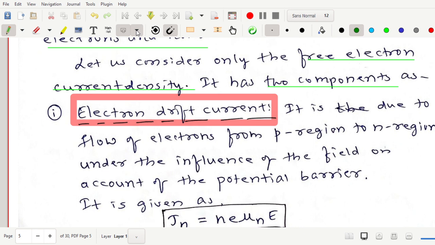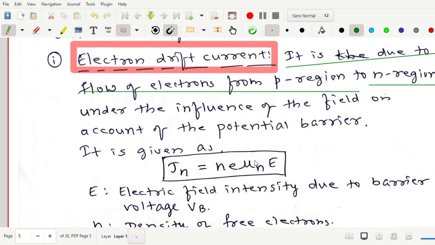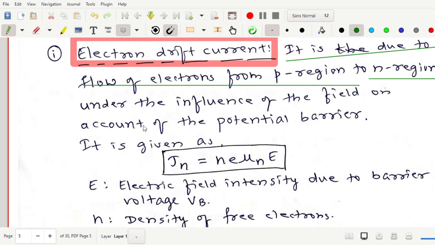It is due to flow of electrons from p region to n region under the influence of the field on account of the potential barrier. So we should remember, what is the cause for the electron drift current?